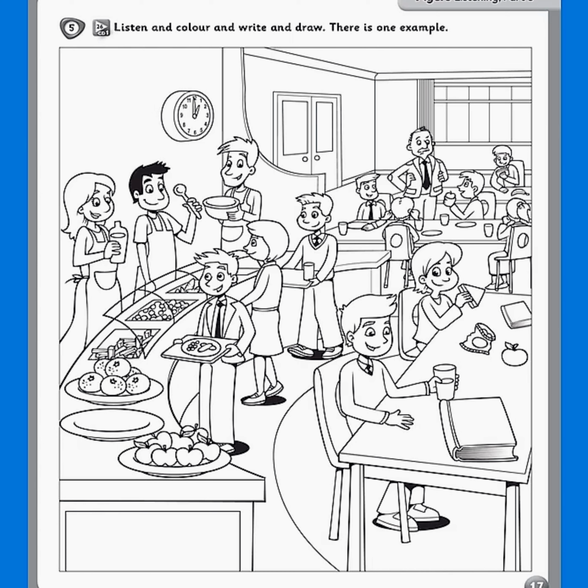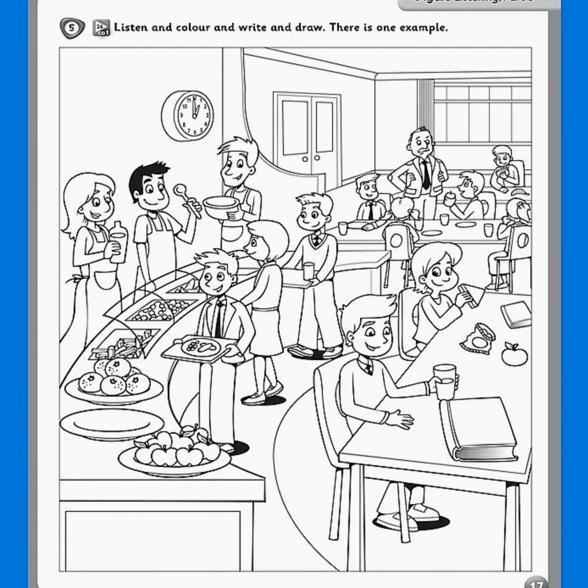Activity book, page 17. 5. Listen and look at the picture. There is one example. Hello, Michael. Would you like to colour this picture? Yes, please. It's a picture of a school dining room, isn't it? That's right. What do you want to colour first?